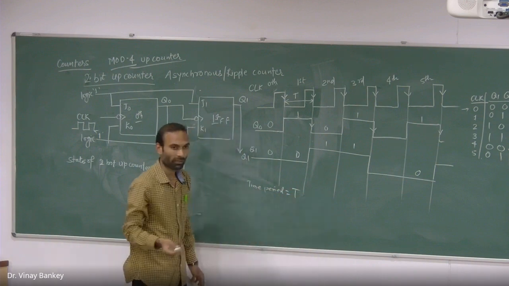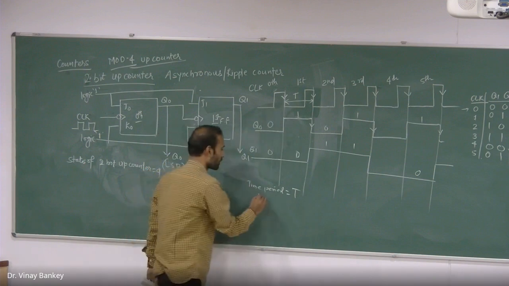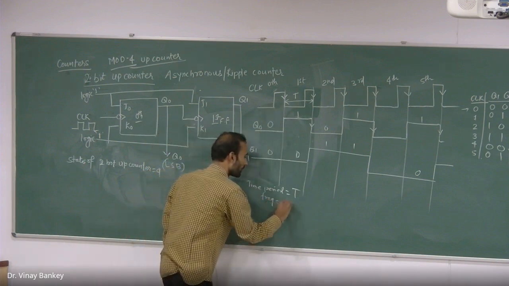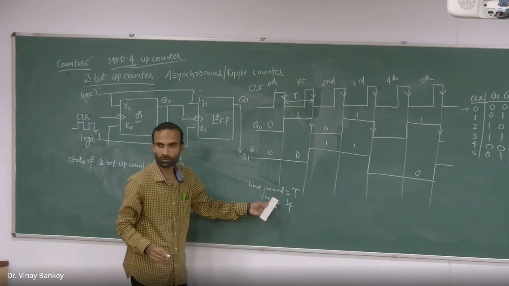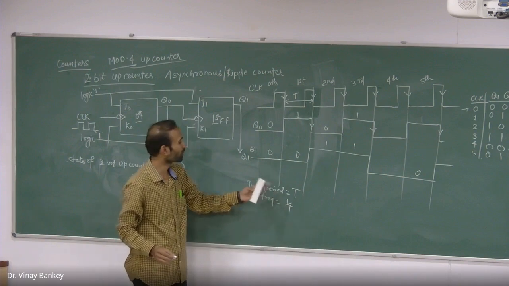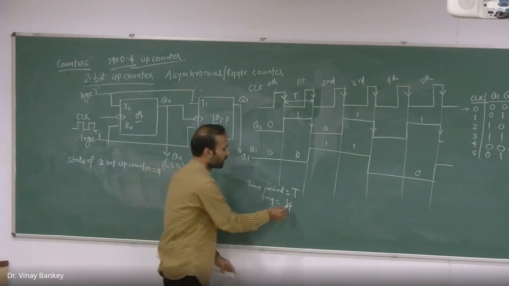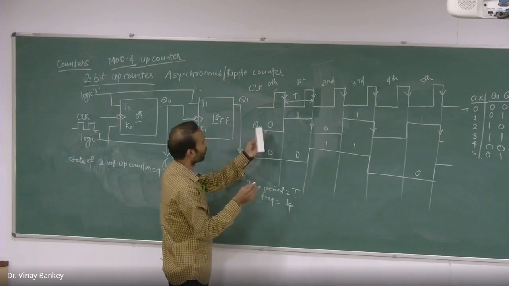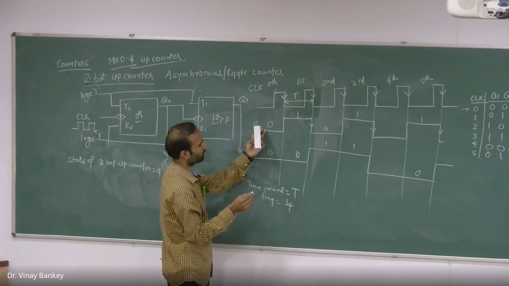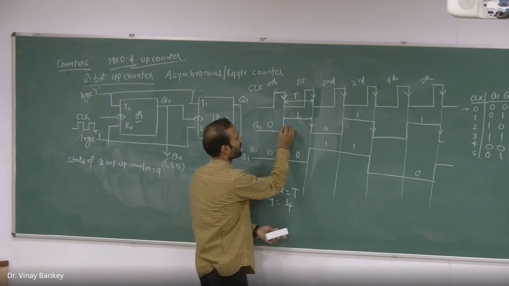And what will be the frequency of this clock pulse? The frequency of this clock pulse will be 1 by t. Do you know this relationship between the time period and the frequency? The frequency will be 1 by t. Now observe this Q0. What is the time period of this?